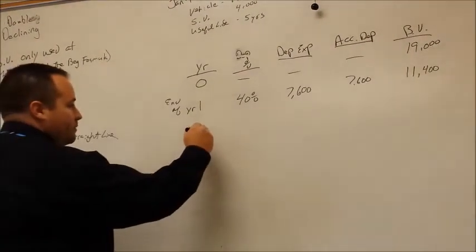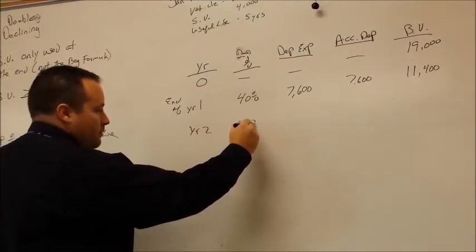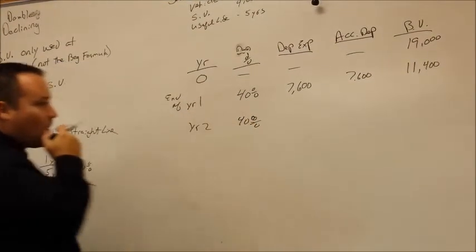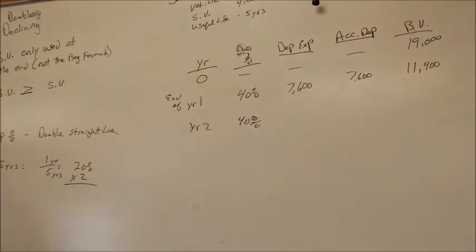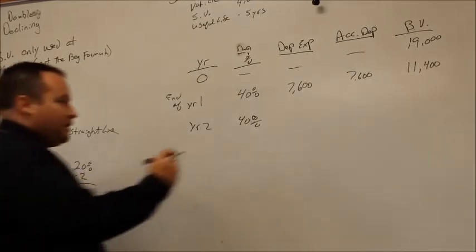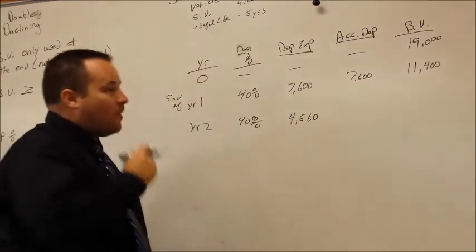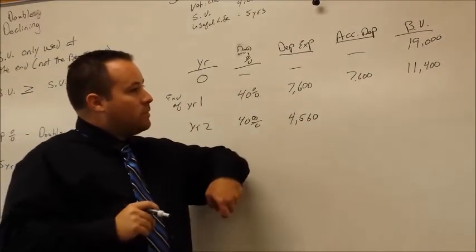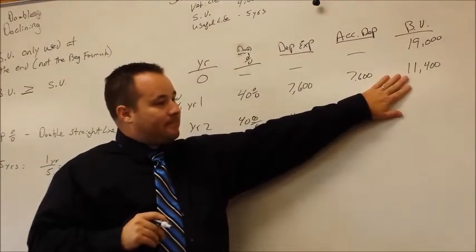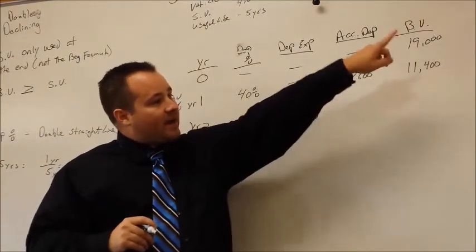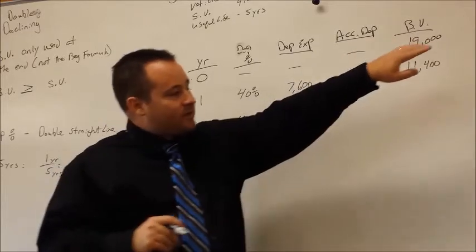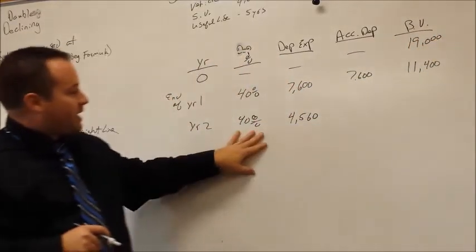What about year 2? How much am I going to depreciate in year 2? 4,560. Okay. And how did you get that? I multiplied the balance 11,400 by 40%. Yep, 11,400, the previous book value, what my little formula says, times 40%.